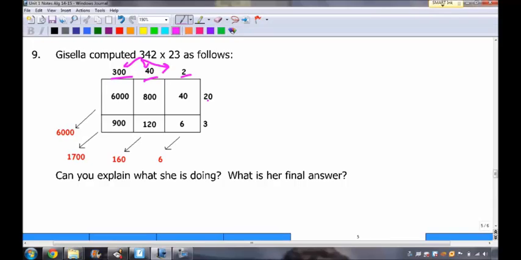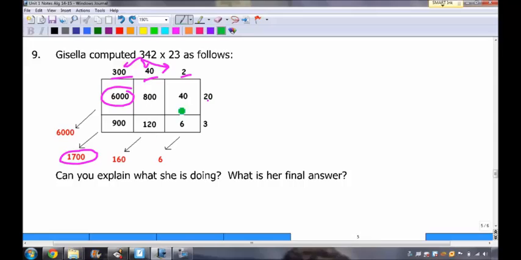So that way she ends up getting, right here, 6,000, okay? Where does she get this 1,700 from? Hopefully you can see that she's getting it from adding these diagonals together, okay? Notice how it's kind of like she's combining her like terms, right? Here's your thousands place, here are your hundreds, so you combine those together.